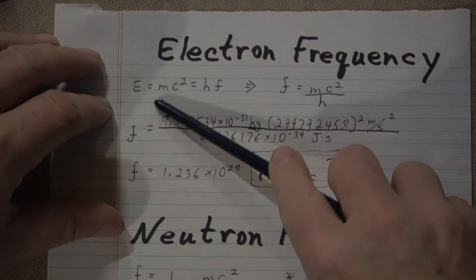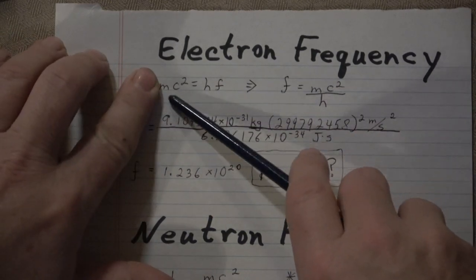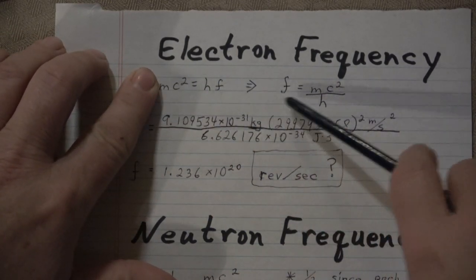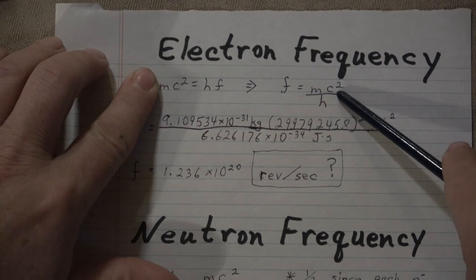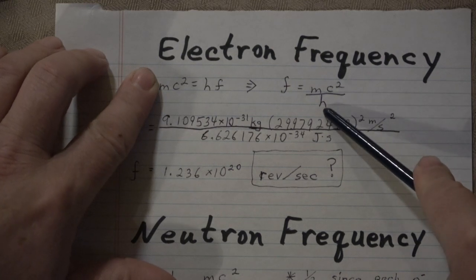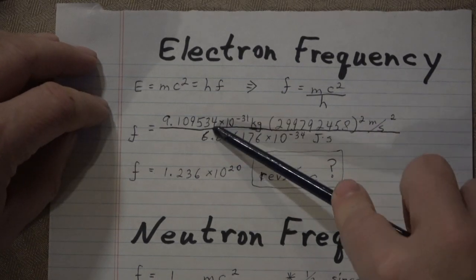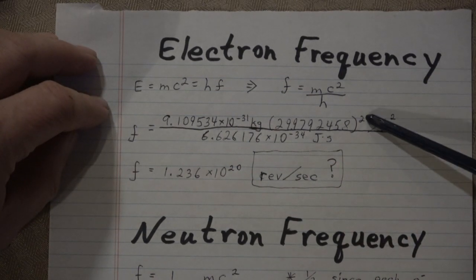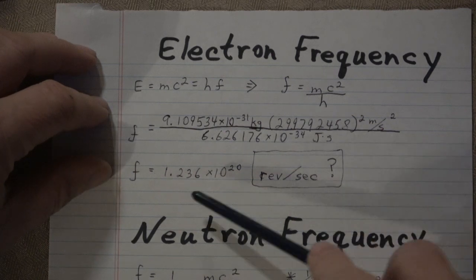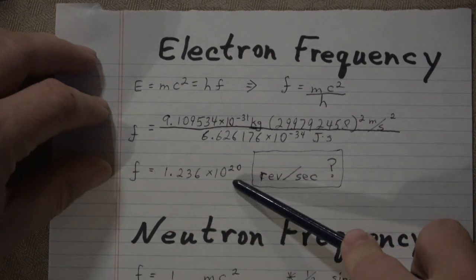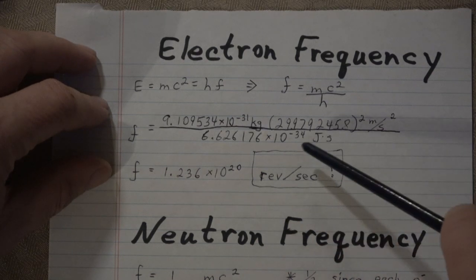I take these, knock off the E, and solve for frequency: frequency equals mass times the speed of light squared divided by Planck's constant. Adding the mass of the electron, speed of light squared, and Planck's constant, I get a frequency of 1.236 times 10 to the 20th.